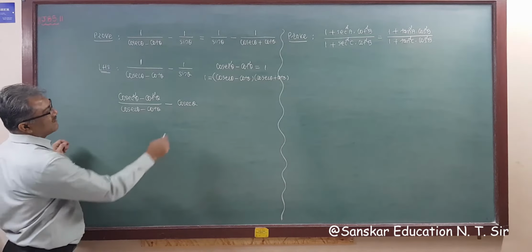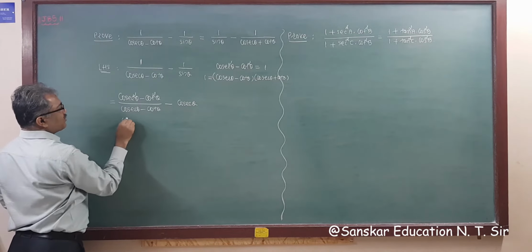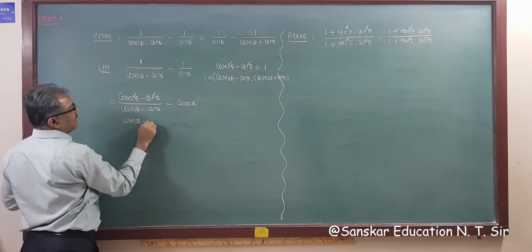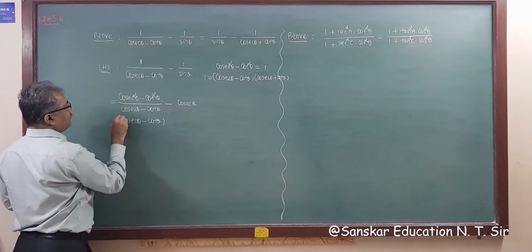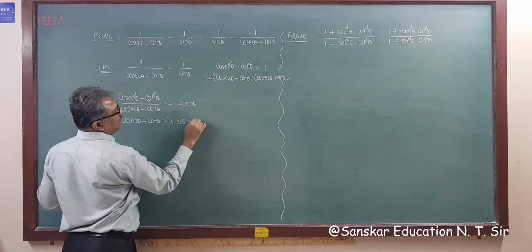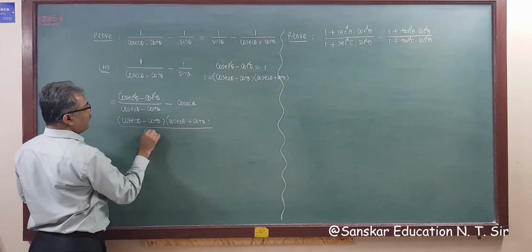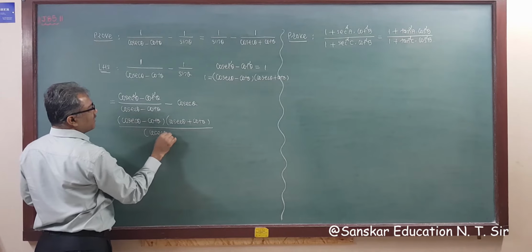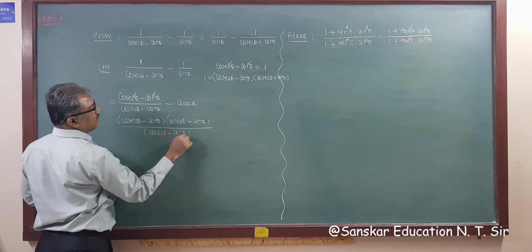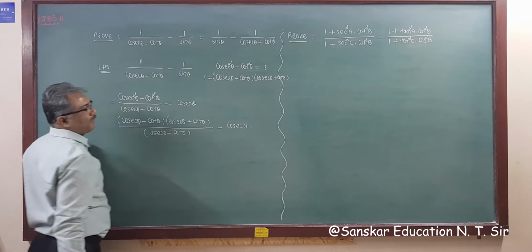Now the factor of this is cosec minus cot, cosec plus cot. So cosec theta minus cot theta and cosec theta plus cot theta whole upon cosec theta minus cot theta, minus cosec theta.